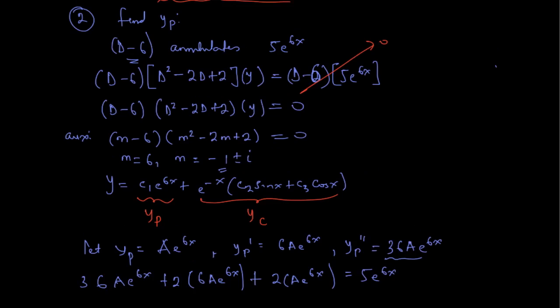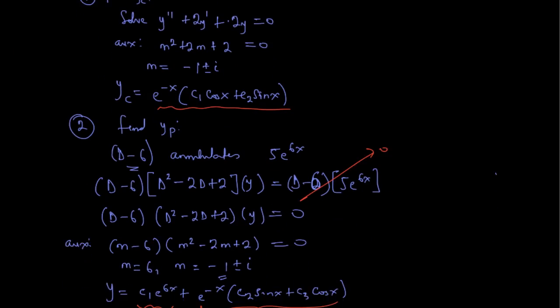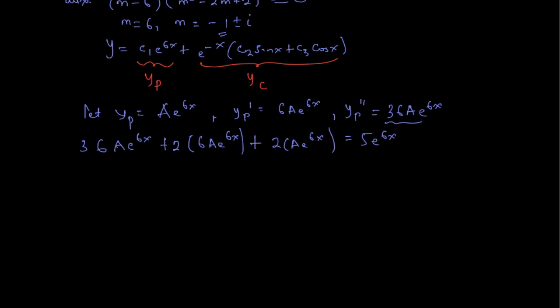I've just replaced the respective values of y, the derivative and the second derivative, with the newly found particular solution substitutes. When we add all this up, we have 50a e to the power 6x equals 5e to the power 6x.